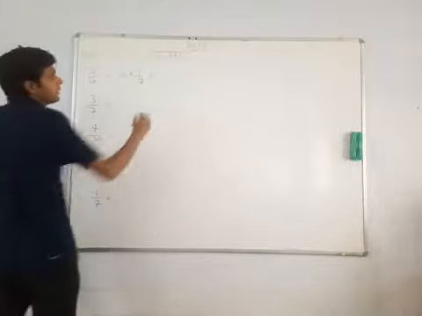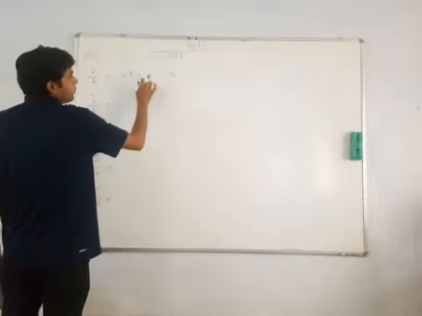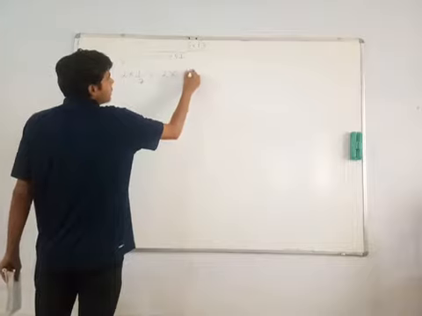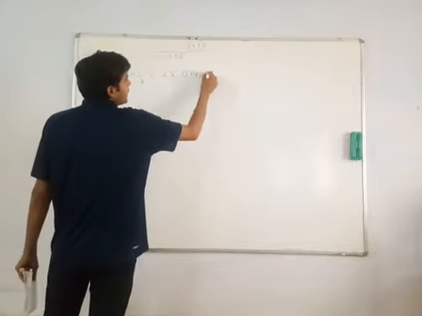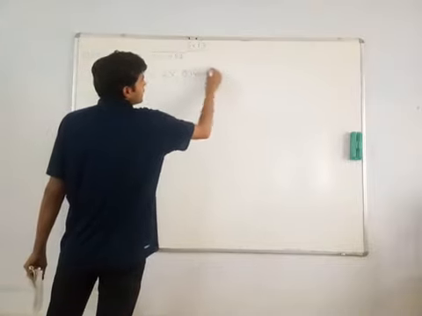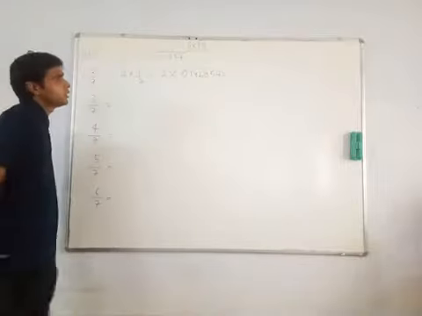2 into 1 upon 7, the value is 0.142857. Right?